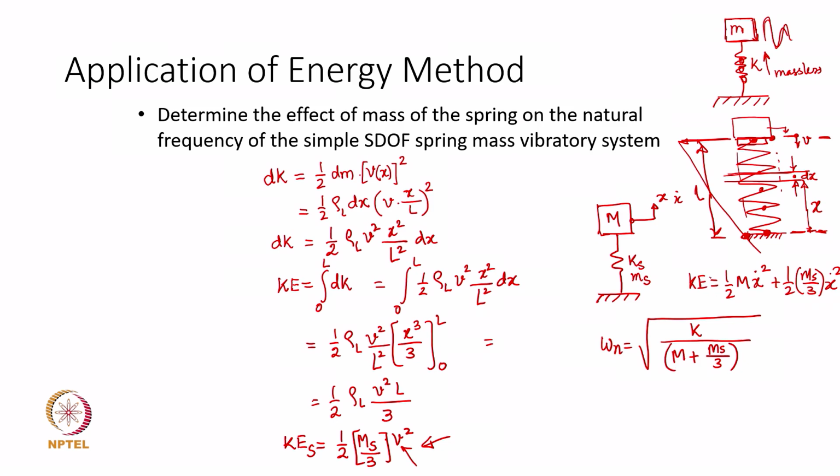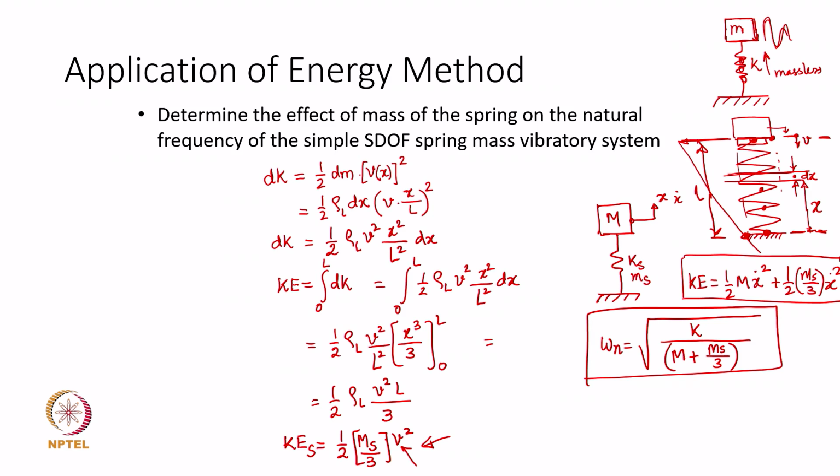Okay. You can easily show, using this expression of kinetic energy and the potential energy stored in the spring, that the natural frequency expression turns out to be this. Which actually means that if I want to include the mass of the spring, we need to include 1/3 of its mass.